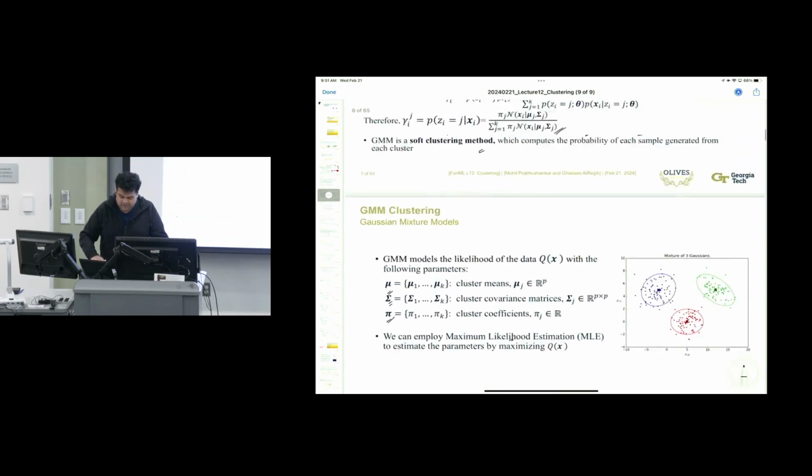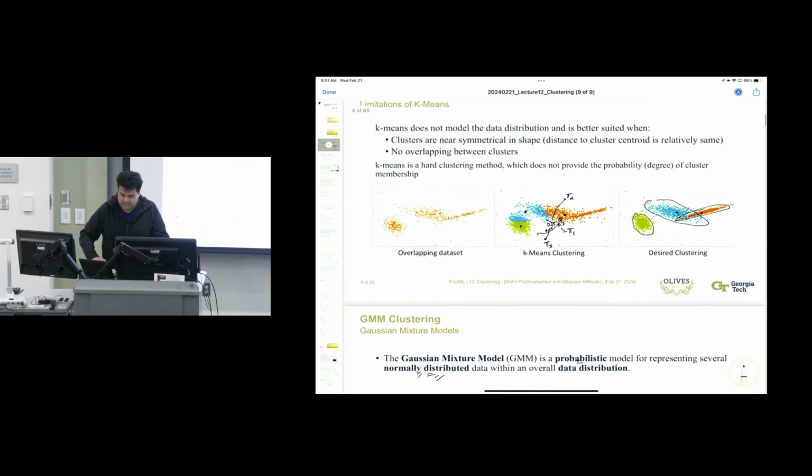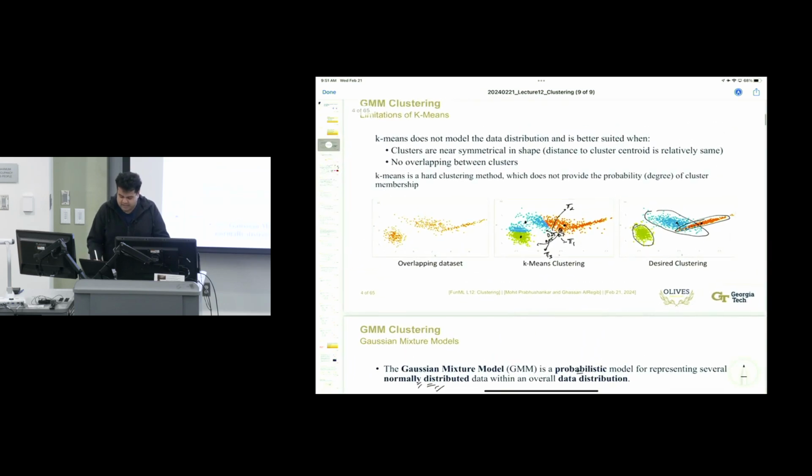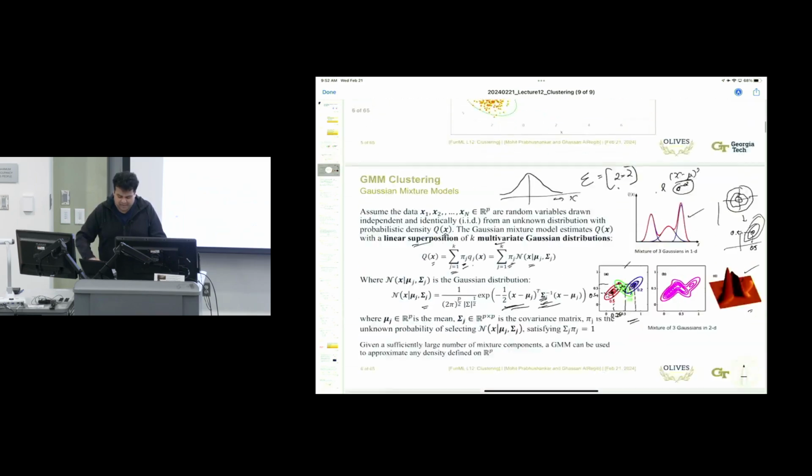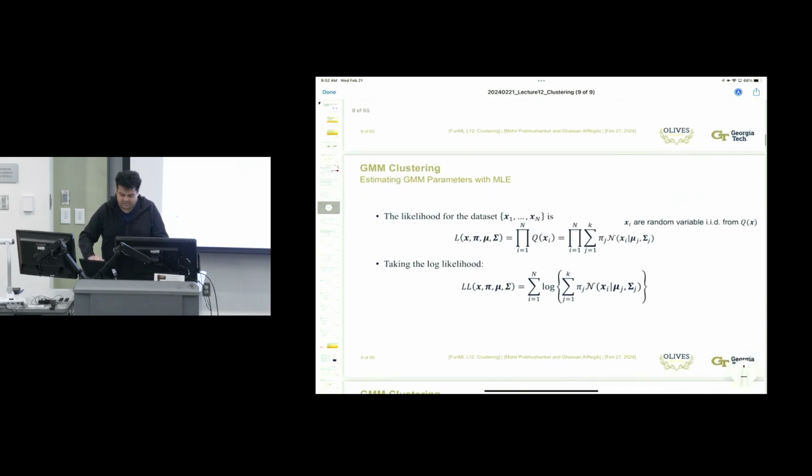So if I go back to this here, a particular data point can equally likely belong to, let's say, the orange cluster or the blue cluster, but it's unlikely that it belongs to the green cluster. Still, we start off with the assumption that all these classes or clusters are independent of each other. And we get this very simple framework, which is pi.